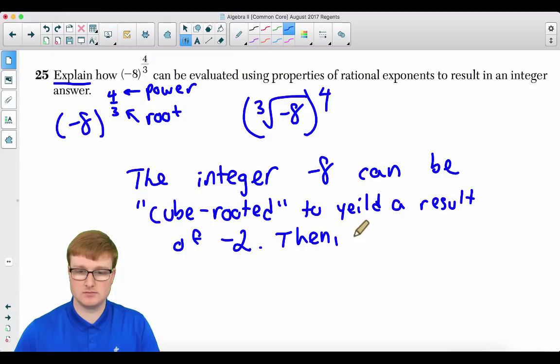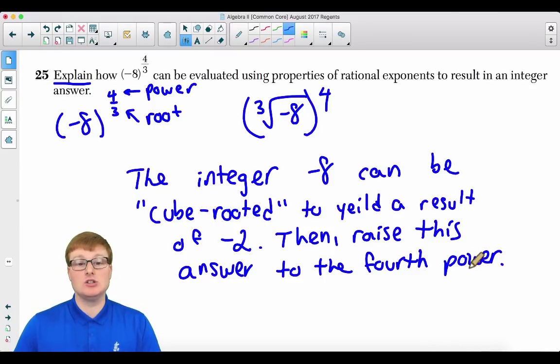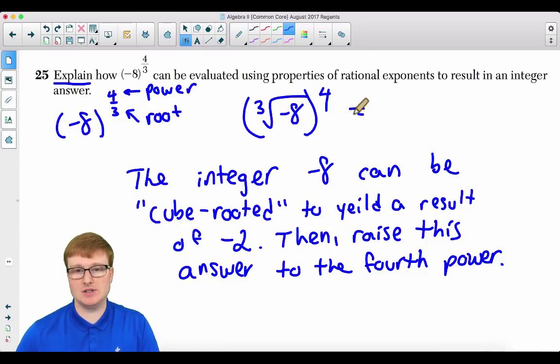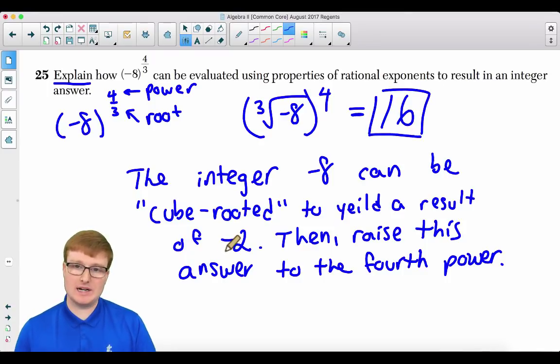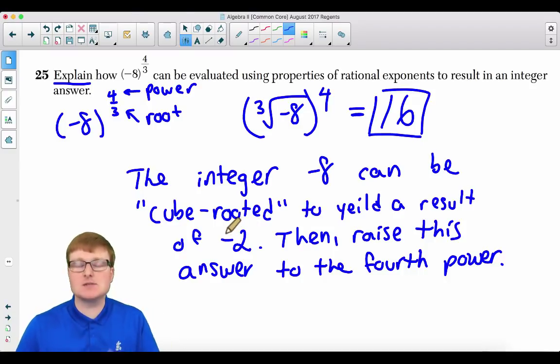Then raise this answer to the 4th power. That's basically it. So it says explain how this could be evaluated using properties. Now, just in case, just write down the number 16 because that is what this is actually equal to, because -2 raised to the 4th power is 16. That's how you, I guess, properly explain how you could answer that question, but that's essentially what it's asking you to do.